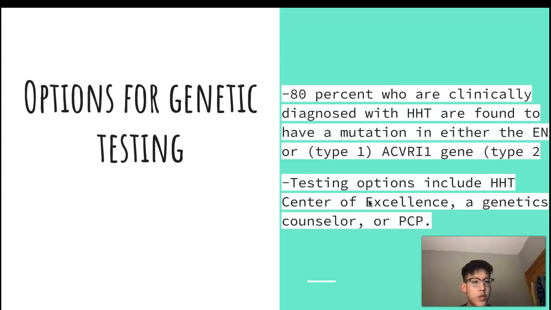Other testing options include the HHT Center of Excellence, a genetics counselor, or your primary care provider or PCP. The price and cost of testing options really vary on how much you know about your family history.